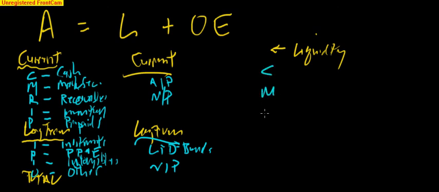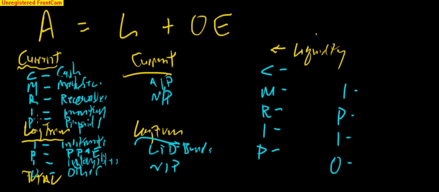CMRIP: cash, marketable securities, receivables, inventory, prepaid. That's our current assets, and our long-term assets are IPIO. Maybe this only works for me, but I got these mnemonics stuck in my head. That's the order. That's the method to the madness.